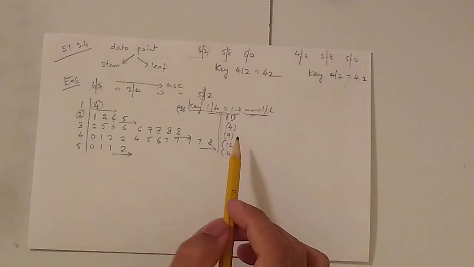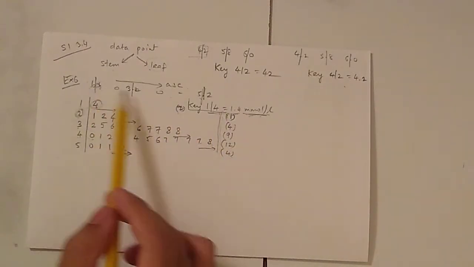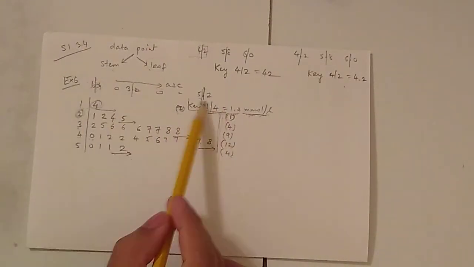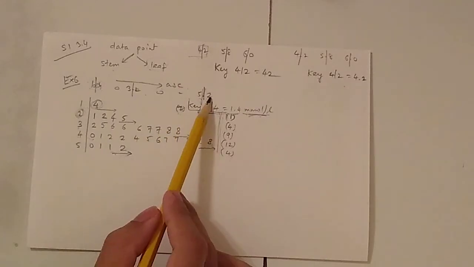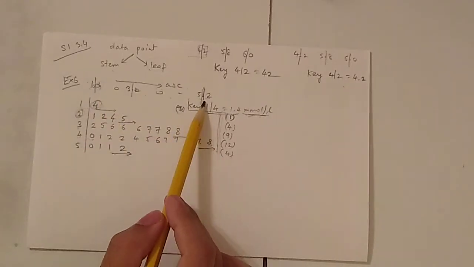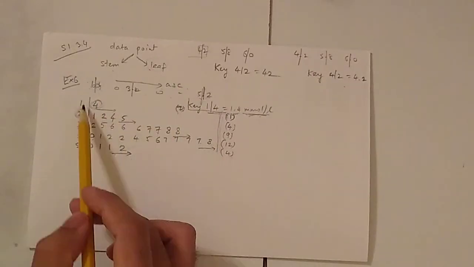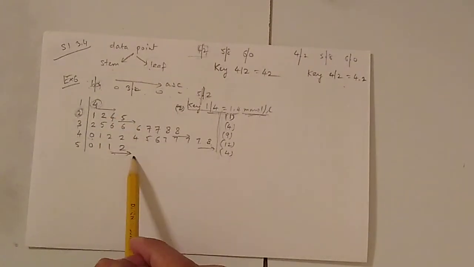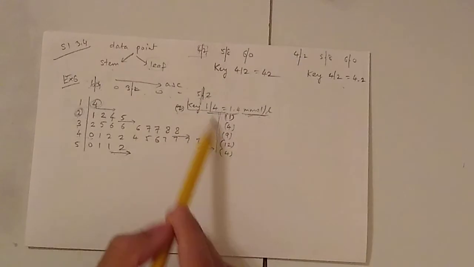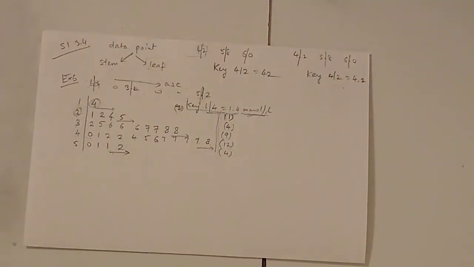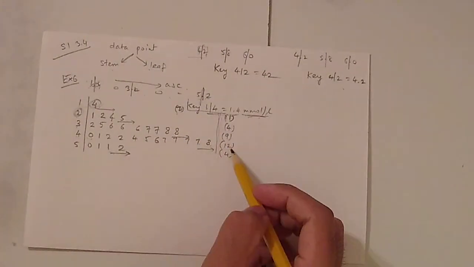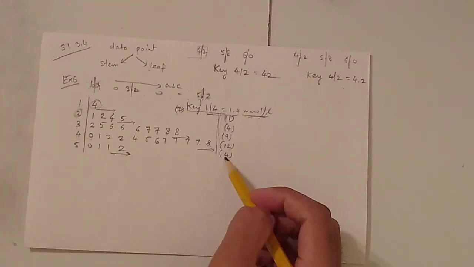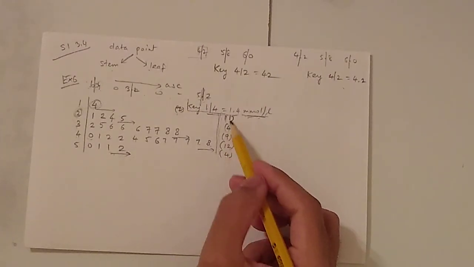So again, when you're given the data set, first arrange it in ascending order. Determine how you're going to break down the stem and the leaves. Write down the stems, then go on writing the leaves in ascending order, and finally complete with the key and the frequencies. Notice if you add up all the frequencies, you get 12 plus 4 plus 4, 20 plus 9 plus 1, which is 30.